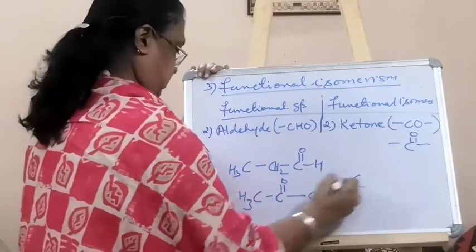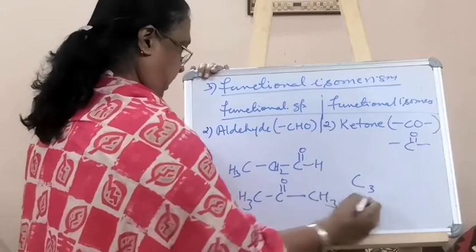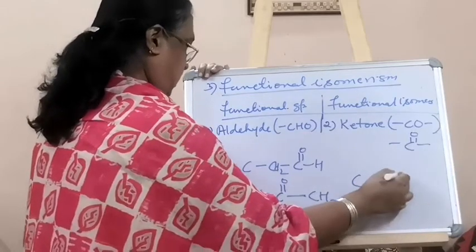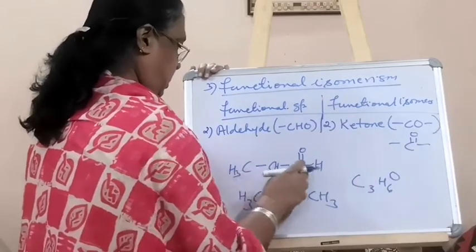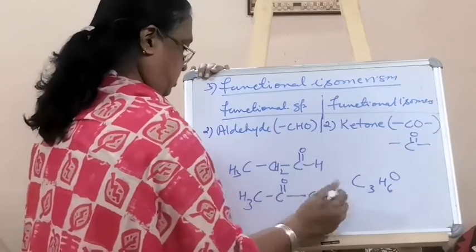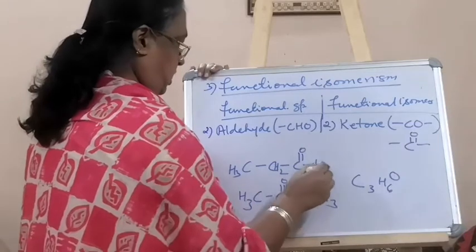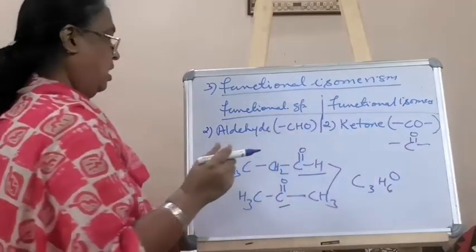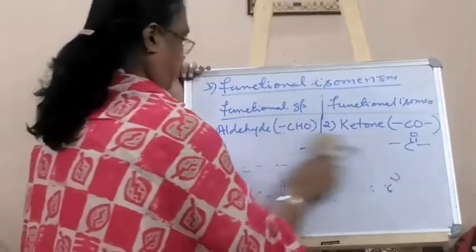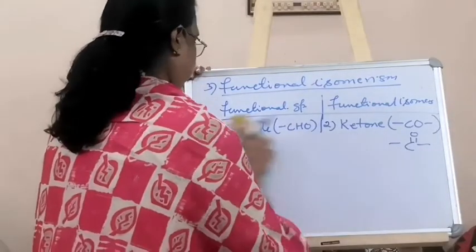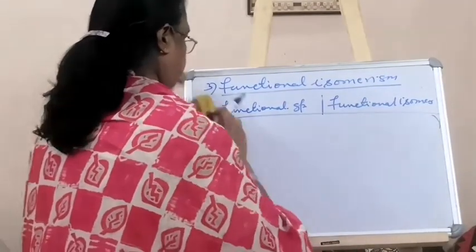So carbon is 3, hydrogen is 6, and 1 oxygen. 3 carbon, 6 hydrogen, 1 oxygen here also. So this is the aldehyde group, this is ketonic, and the two are functional isomers.